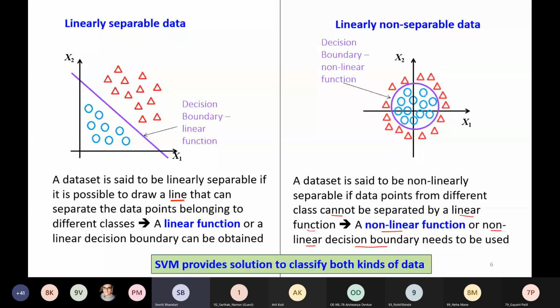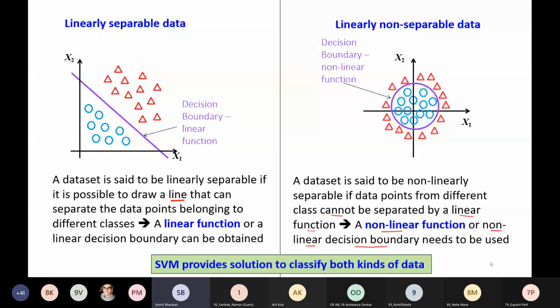So it is possible for us to come up with a linear function or a non-linear function depending on the nature of the data. SVM allows us to pick such a function, maybe linear or non-linear. So SVM provides a solution to classify linearly separable data as well as linearly non-separable data. Am I clear?